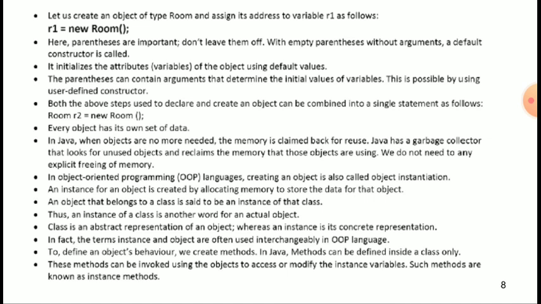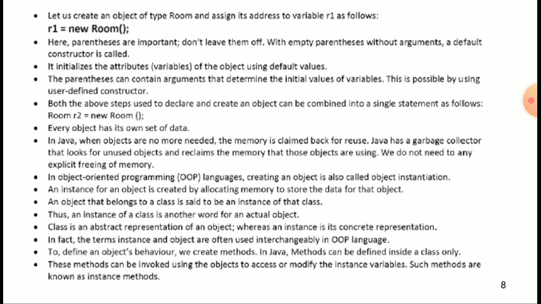A class is an abstract representation of an object, whereas an instance is its concrete representation. In fact, the terms instance and object are often used interchangeably in OOP languages.